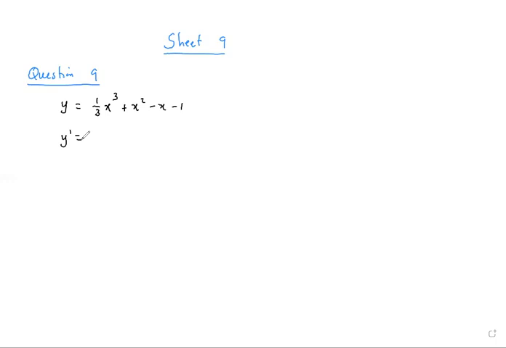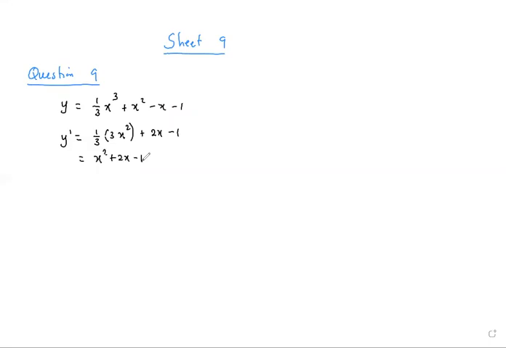When you differentiate, we'll get 1/3 multiplied by 3x to the power 2 plus 2x minus 1, simplified as x squared plus 2x minus 1.